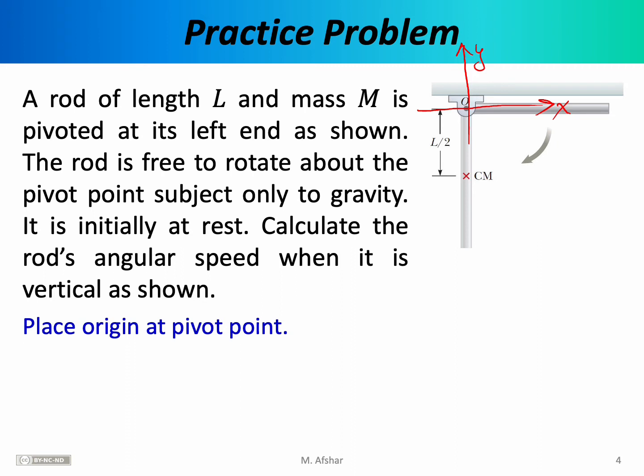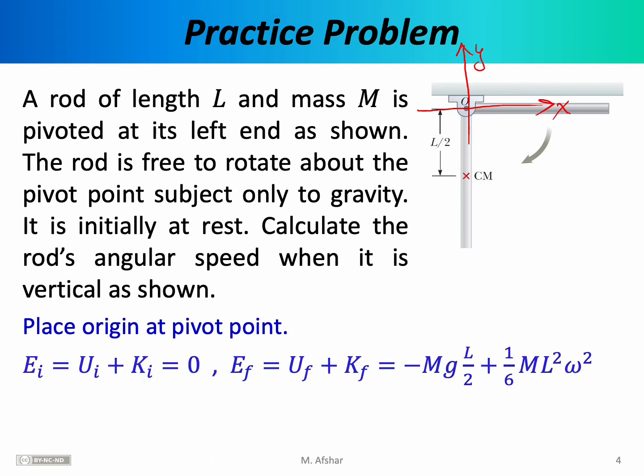Now that we have a coordinate system, we can talk about energy, and we can calculate the energy in terms of L and M. We'll want to figure out the initial mechanical energy of the system. The initial mechanical energy is going to be the initial potential energy plus the initial kinetic energy, and the kinetic energy will equal 0, because initially the rod is at rest.